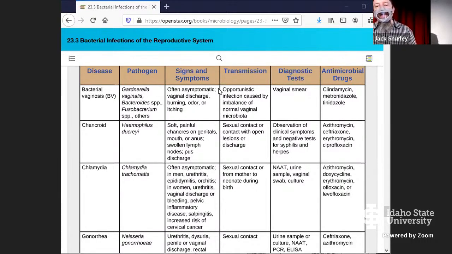So if it's not asymptomatic, you might see some vaginal discharge. There could be burning and odor and/or itching, probably all of the above. It is opportunistic. And so typically we think of some sort of imbalance in the normal flora.